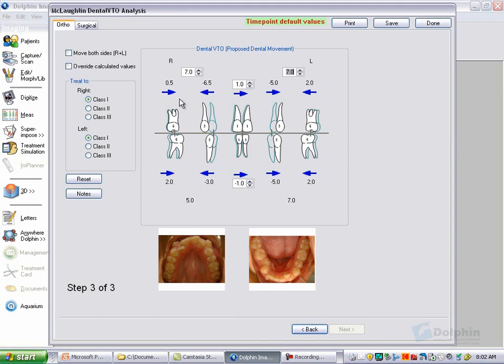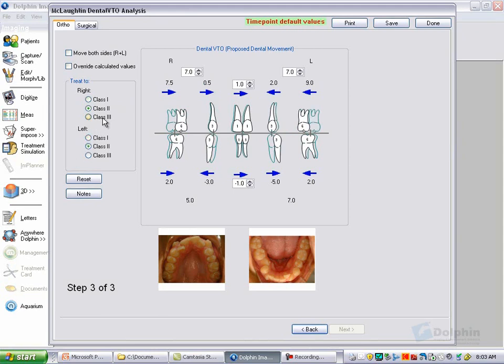Over here you'll note that we have some areas for class 1 molar relationship, class 2 molar relationship, and class 3 molar relationship. In this case, we're taking out upper and lower bicuspids, and therefore we're going to remain in a class 1 relationship. If, for example, we have a case where we're going to take out upper bicuspids only and plan to leave the molars in class 2, then we can go to a class 2 relationship.